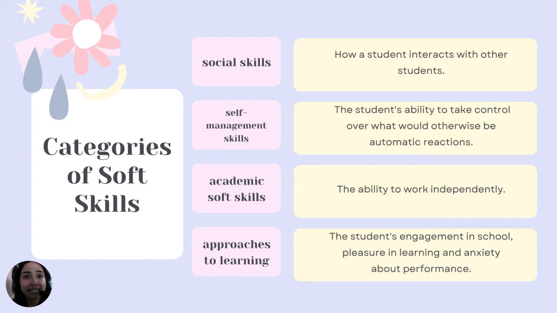So the five key skills of SEL can be grouped into four categories that most school leaders, teachers, and parents would agree are within the responsibility of schools to monitor and develop. These are the social skills, self-management skills, academic soft skills, and approaches to learning.